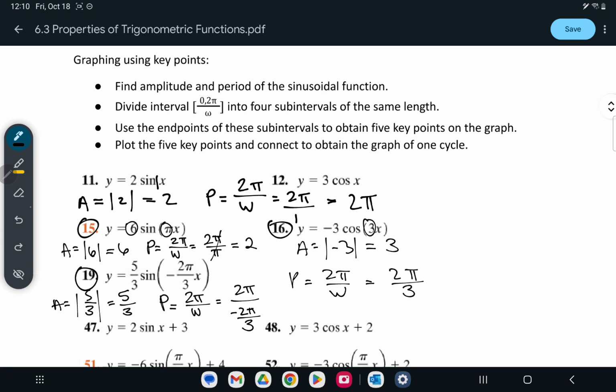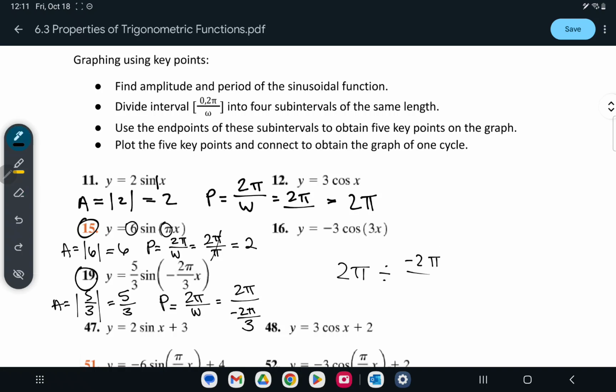Let me erase this. 2 pi divided by -2 pi over 3 is the same thing as 2 pi times 3 over -2 pi. Those will cancel, so I'm left with just -3.